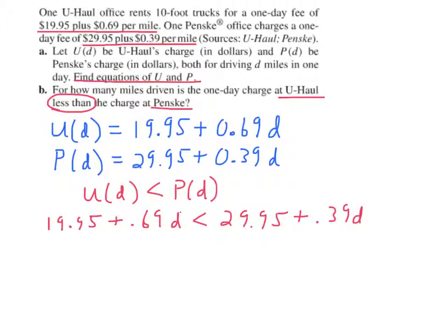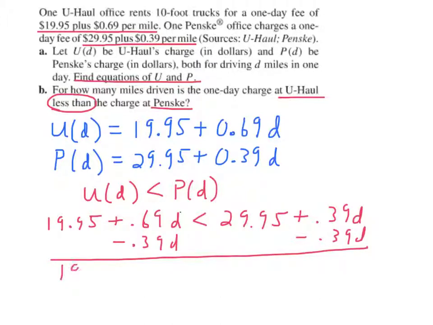And we need to get our variables on the left, so I'll subtract 0.39D from both sides. And let's just see what that gives us. So 19.95 plus 0.3D is less than 29.95.